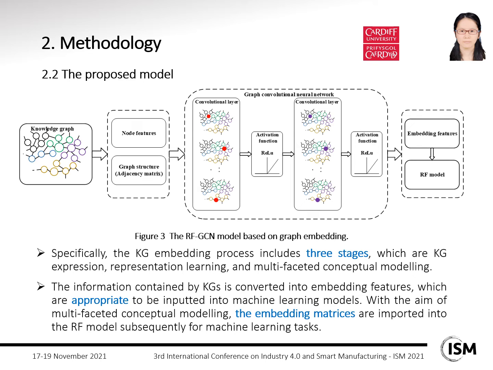Thirdly, based on the knowledge embedding, the information content of knowledge graphs is converted into embedding features, which are appropriate to be inputted into machine learning models. As the outcomes of the GCN model, the embedding features are accomplished at the level which can be regarded as a feature extraction from the knowledge graphs.